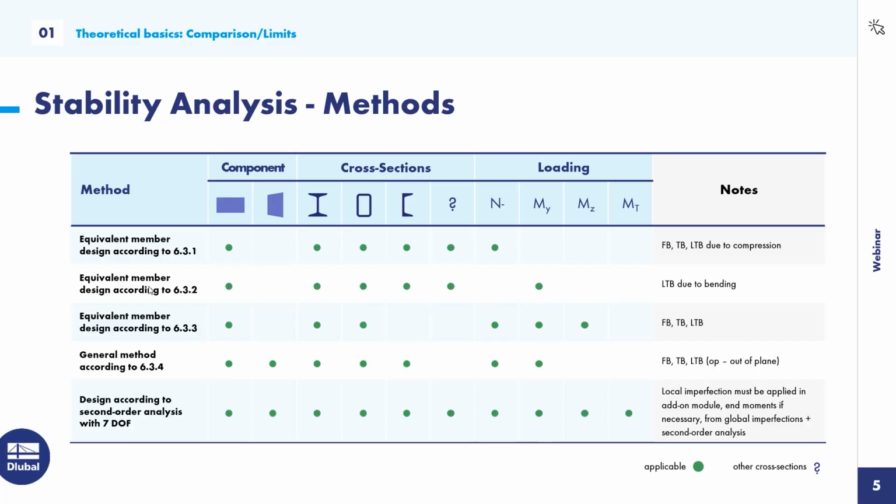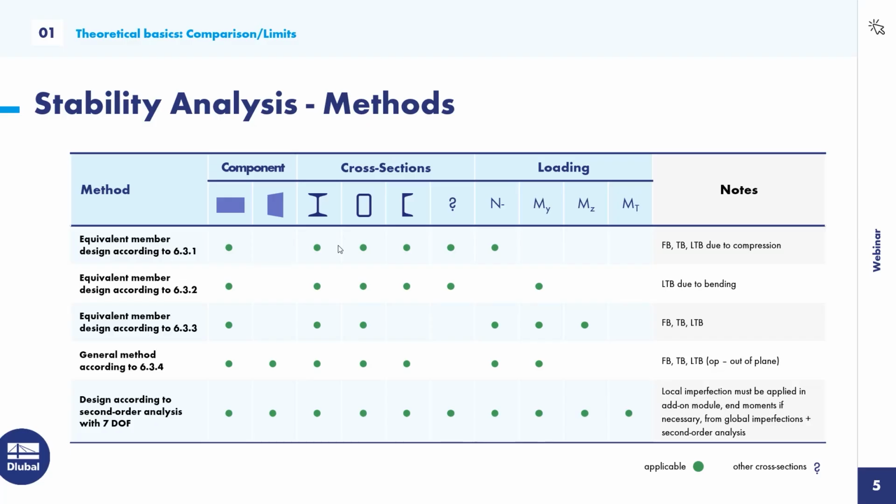Then the second line, equivalent member design according to 6.3.2, uniform members in bending about the principal axis, and lateral torsional buckling due to bending will be done.